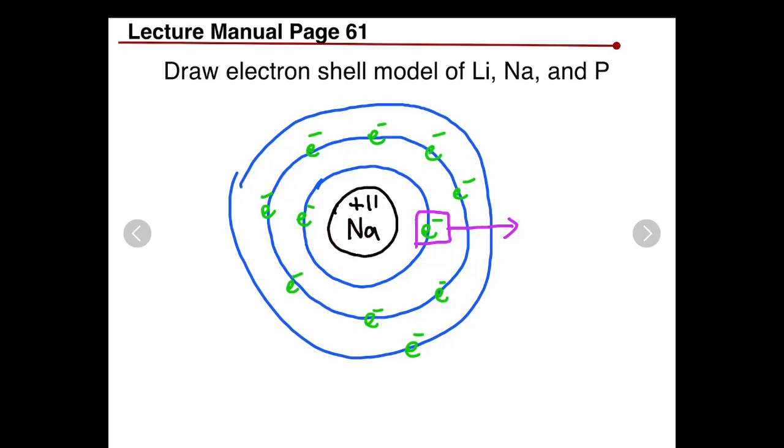So these 2 would experience the same, and you just have to calculate 1. The second one I would like you to calculate would be this one right here. Tell me what is the effective nuclear charge of this, and also this one as well. And the last one would be the valence electron, which is this electron right here. I want you to look at the effective nuclear charge of this.